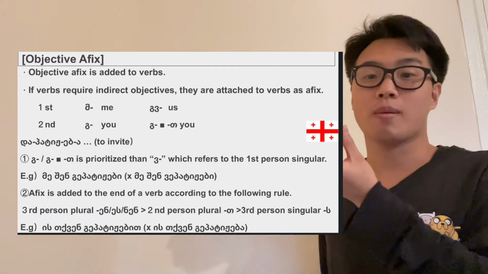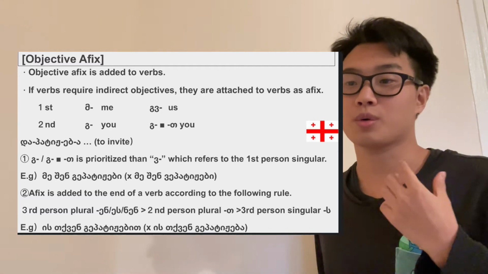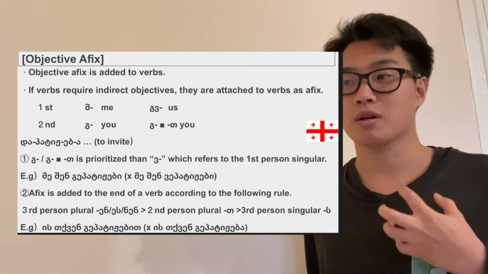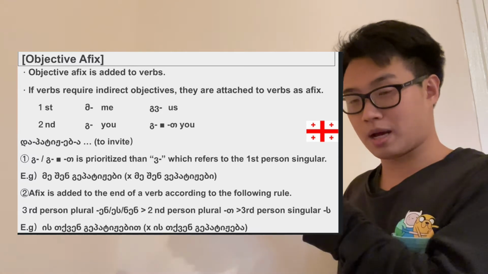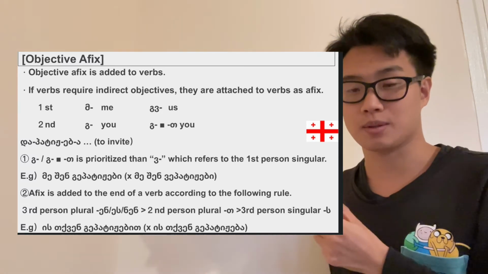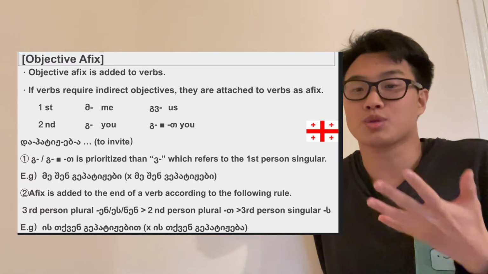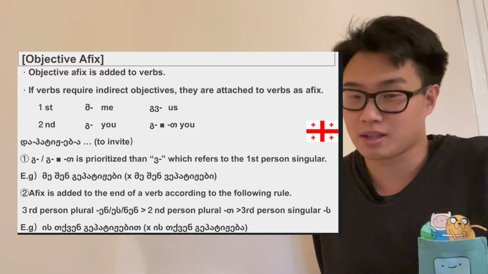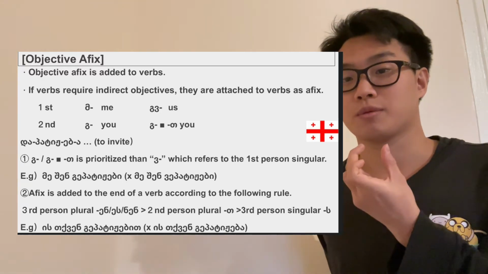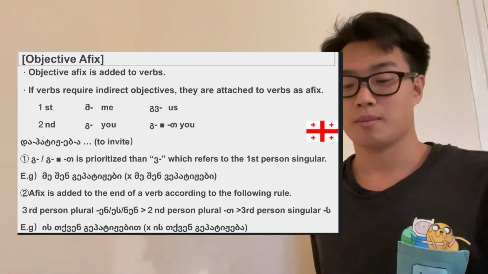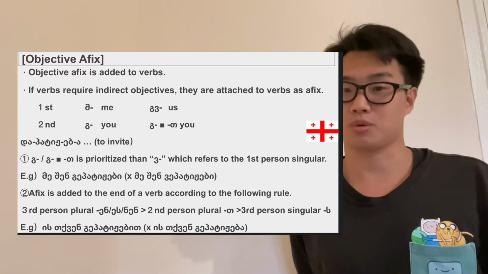Actually, we can omit this shen because we already know who we are inviting by looking at the objective affix ge. Me ge patyževi. This is enough, by the way. If we want to emphasize the object, we can of course add the shen, but usually Georgian people don't.